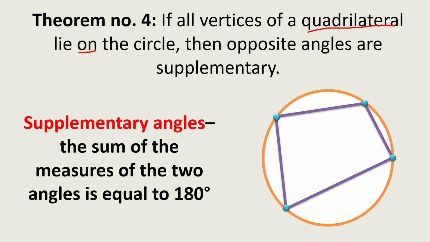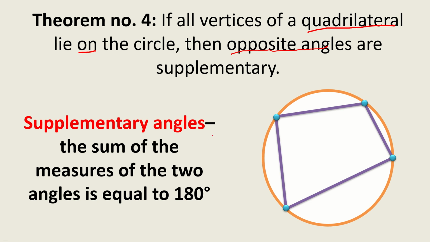Now if all four vertices of the quadrilateral are on the circle, then the opposite angles are supplementary. When we say opposite angles, those are the angles facing each other. For example, this vertex, its opposite is this angle. And this angle, its opposite is this one. Now those opposite angles are supplementary.